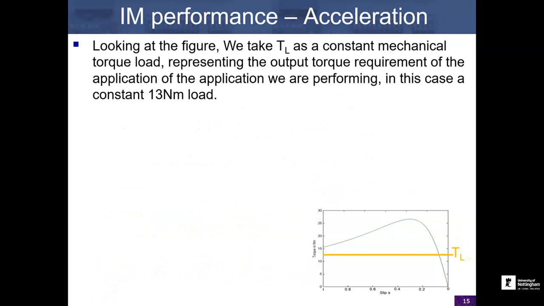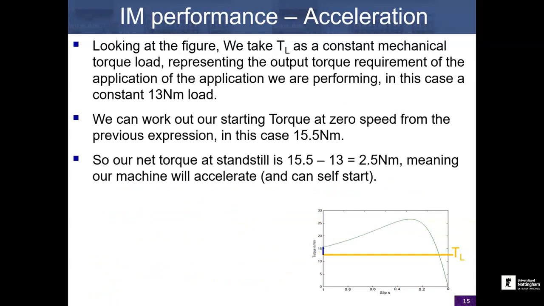We also looked at acceleration, how we have a difference in torque between the mechanical load T_L and the output torque. And effectively our machine has an acceleration behaviour. As long as it has more torque available than the load torque, this difference is applied towards acceleration. It's going to start to accelerate and it's going to follow a torque speed curve.